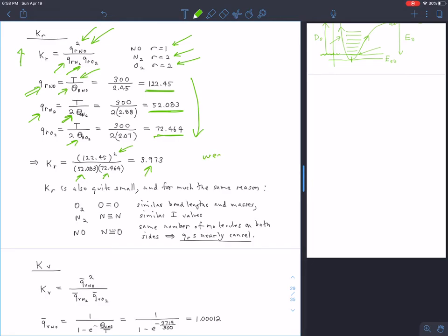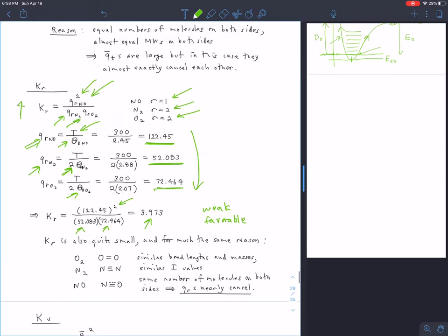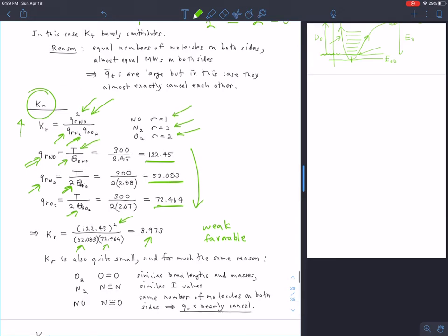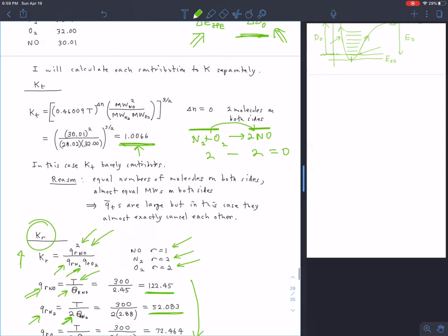So this is a weak, favorable factor in the overall equilibrium constant. This is the rotational factor. Notice I didn't say it up above, but let me say it now.